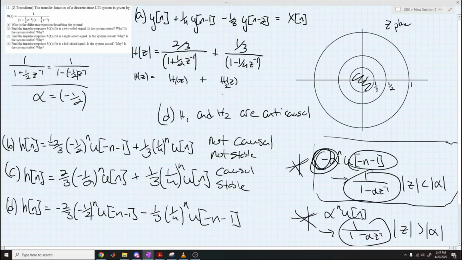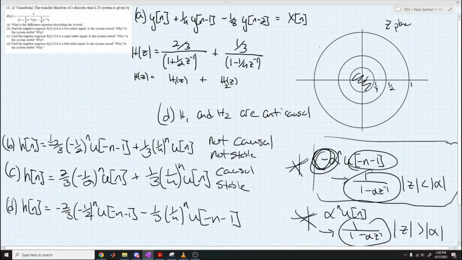And as far as explaining the causality and the stability, you can just reference the region of convergence. You can say it's not a causal system because it's not right-sided, or because the region of convergence is a torus or a donut or a strip that closes on itself in the z-plane. You can say it's not stable because it doesn't include the unit circle.